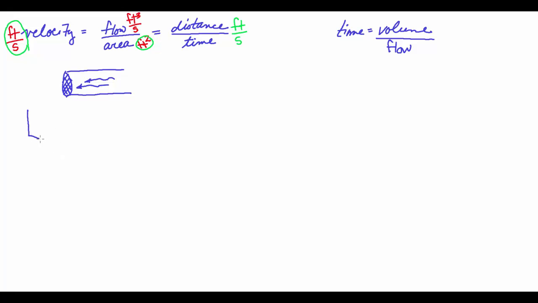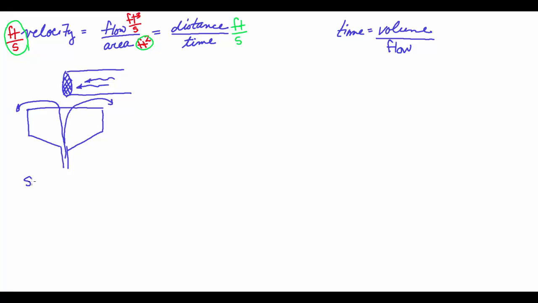Same thing is true for a clarifier. We talk about surface overflow rate. And surface overflow rate is an upward velocity in the clarifier. So we've got water, kind of coming in, and it's flowing up and out of the clarifier like this. That's also a velocity.